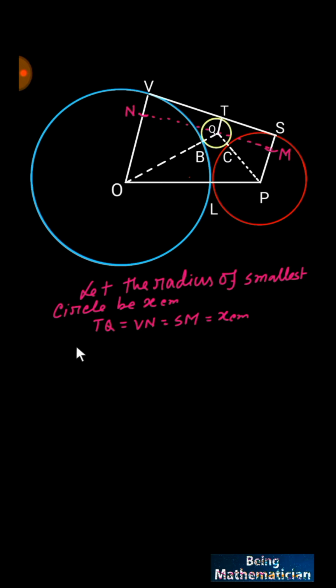Now VN is equal to TQ and VN is parallel to TQ. Since this angle is 90 and this angle also is 90, so VNQT is a parallelogram.